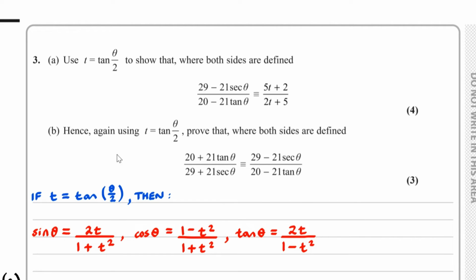For part B of the question, again using t equals tan of theta upon 2, we have to prove that where both sides are defined, 20 plus 21 tan theta over 29 plus 21 sec theta is equivalent to 29 subtract 21 sec theta over 20 subtract 21 tan theta.